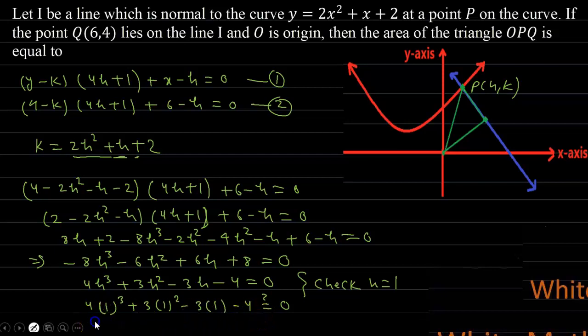Now this will become 4 + 3 - 3 - 4 = 0. So the value h = 1 is correct.